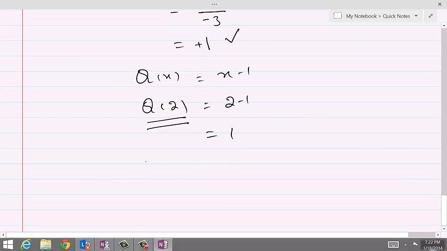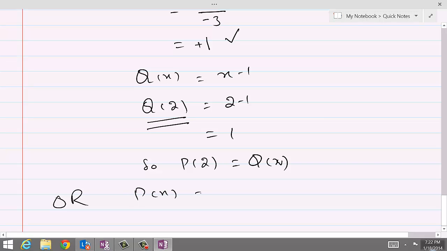So we can say that P of 2 is equal to Q of 2. Or in other words, just another way of saying is P of x is equal to Q of x at x equal to 2.